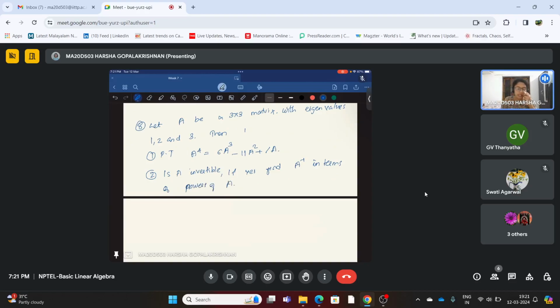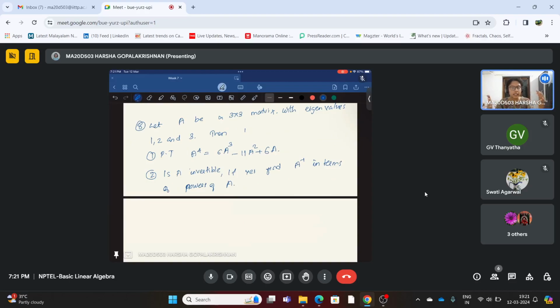The second part is actually one application of the characteristic equation. If we have some kind of polynomial in A, we should start the question by finding the characteristic equation. We know the matrix satisfies its characteristic equation.